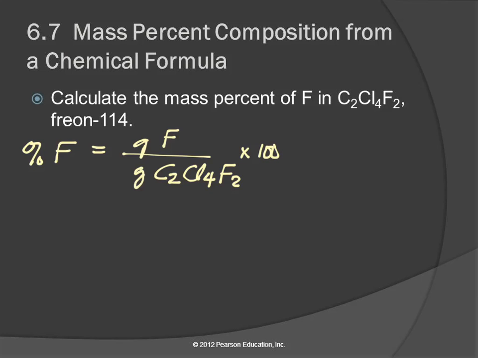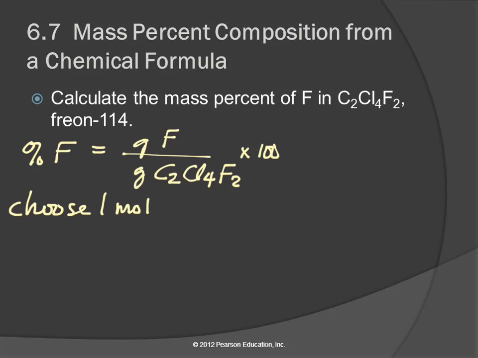And we're just going to choose 1 mole. So in 1 mole of this compound, what is the mass? How do we figure that out? That we calculate the molar mass for the compound, right?